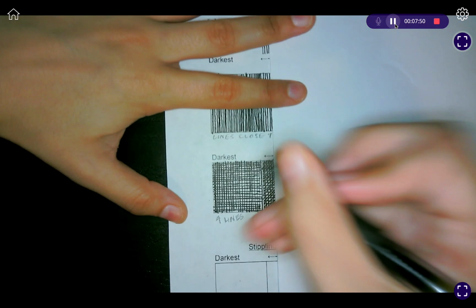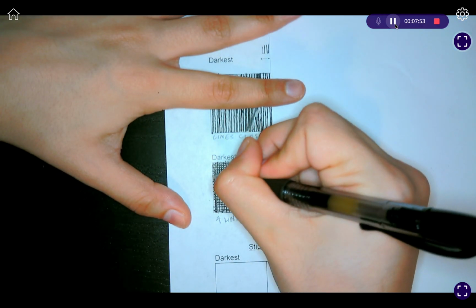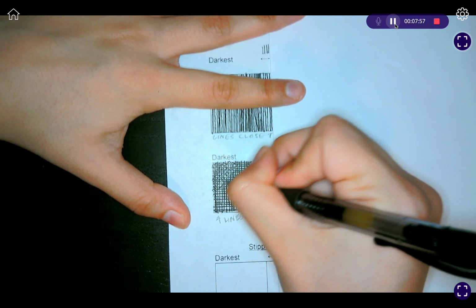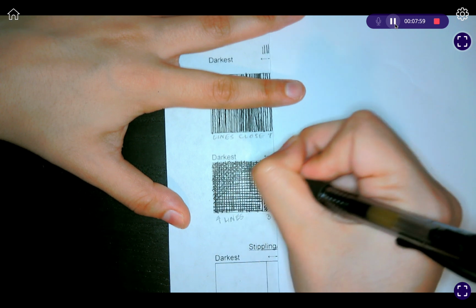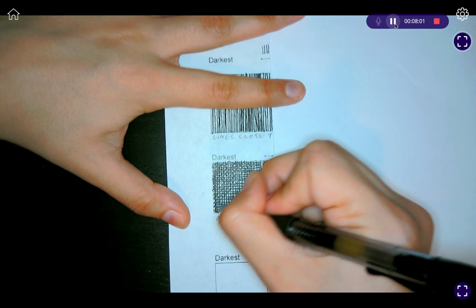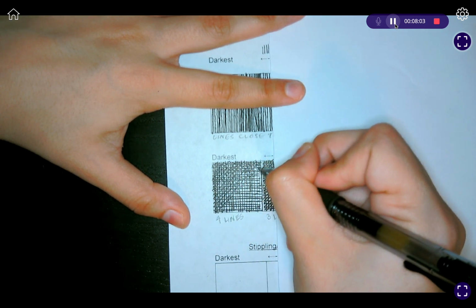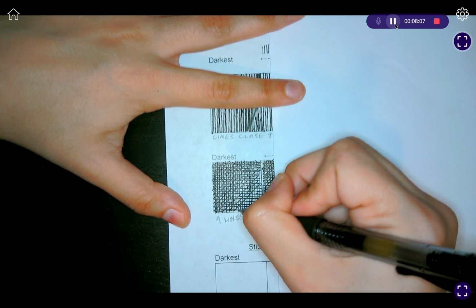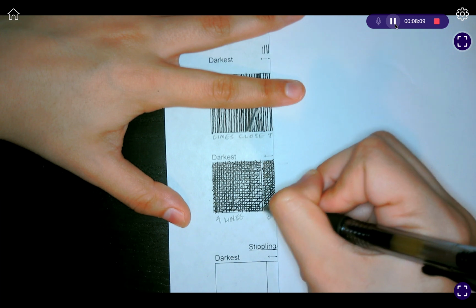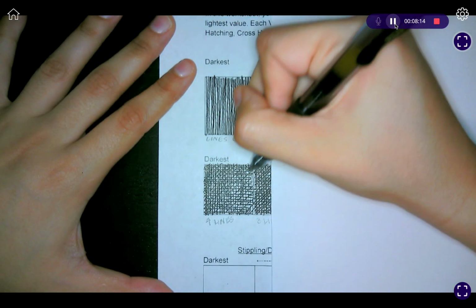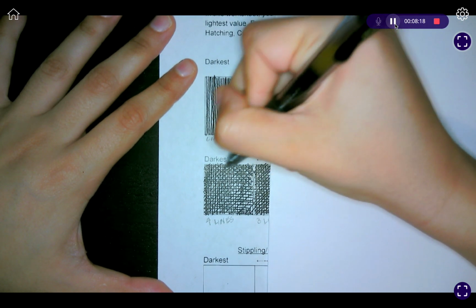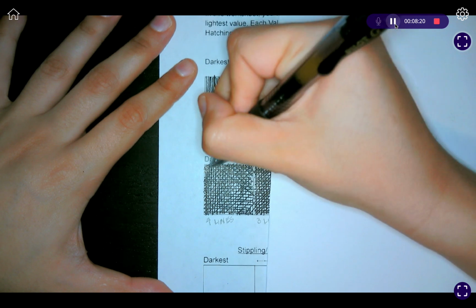Okay, now we're going in and we're still going diagonal. And these are fairly close to one another. Okay, and then the last diagonal line is actually going to go like this, in the opposite direction.